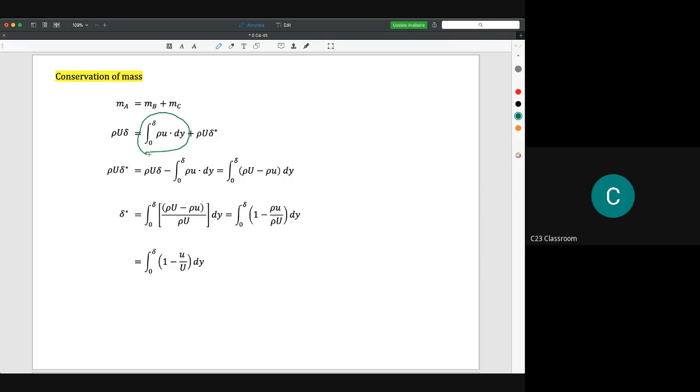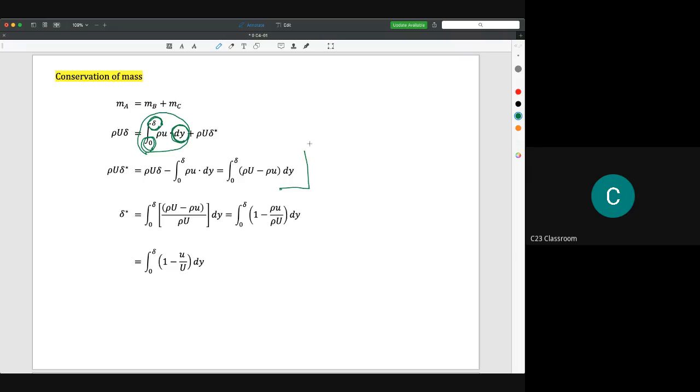The integration needs limits. So we put our limits as delta and 0 because we are doing our integration with dy. So we have the delta here and we have 0 according to our diagram. If you solve this problem, I think you could understand this term.